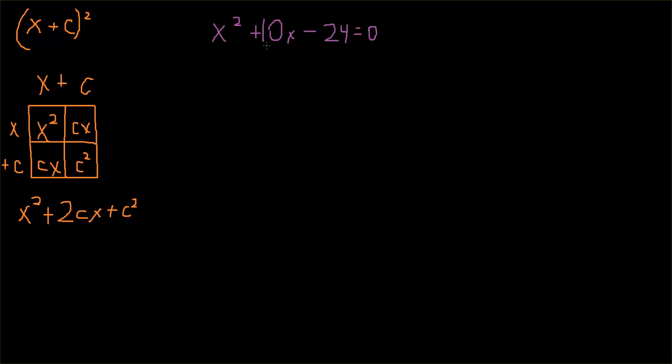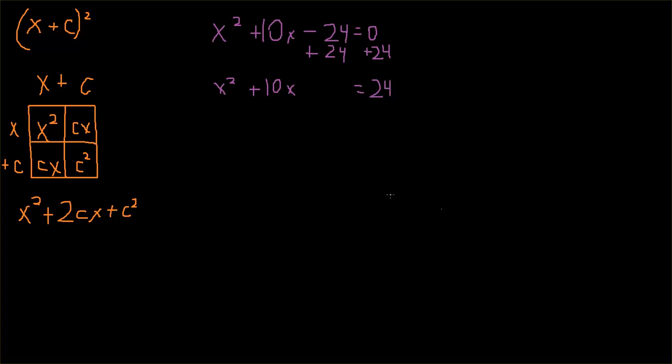We want to get rid of everything else and move it to the other side of the equal sign. So I'm going to go ahead and add 24 to both sides using the inverse operation. Once we've done that, we have x squared plus 10x equals 24.